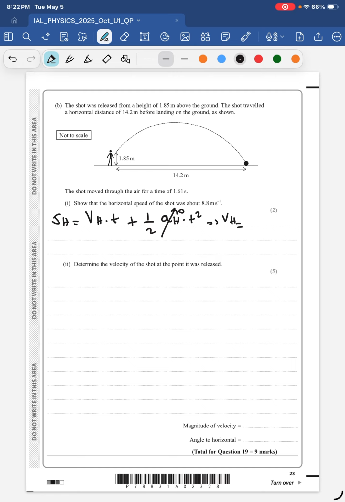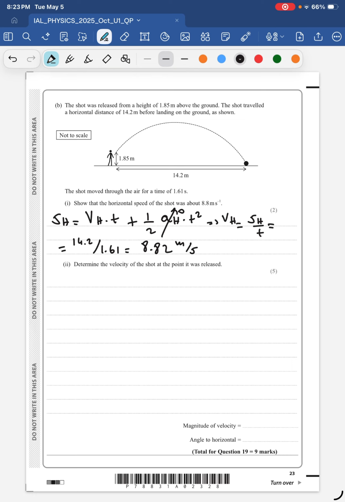So v horizontal is equal to s horizontal over time. So that's 14.2 over 1.61. So that's 8.82 meters per second.